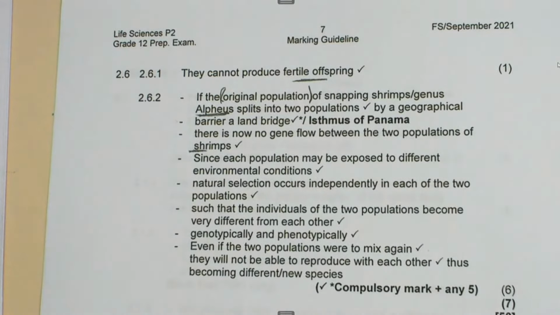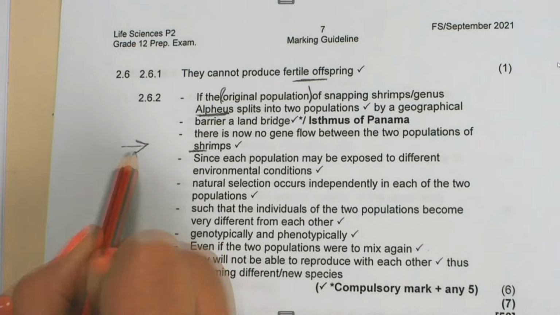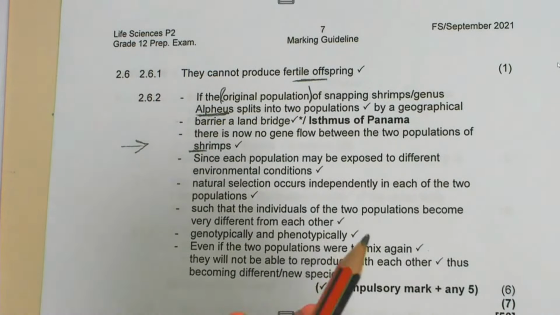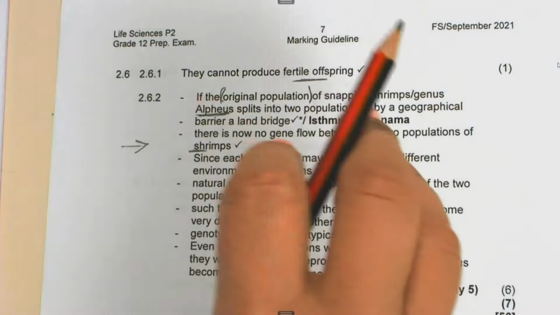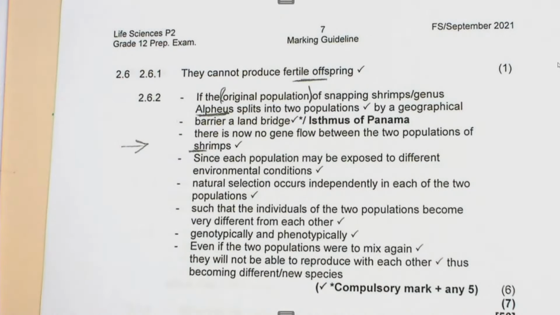So then I want to say something just here. The new trend that I picked up in June, when I was marking this, is absolutely to apply speciation on the example.